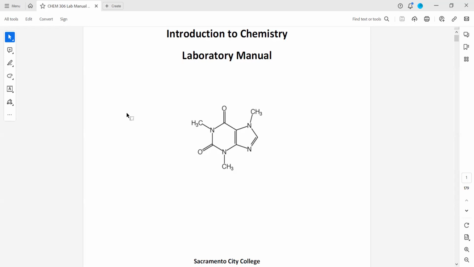So let's look at this molecule. It's got nitrogens in it. It's got oxygens in it. This is called caffeine. This is what caffeine looks like. And frequently with lab manuals, they'll have the structure of caffeine, since caffeine is an important aspect of student life.